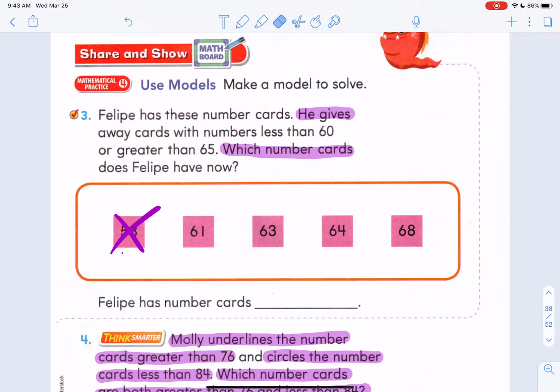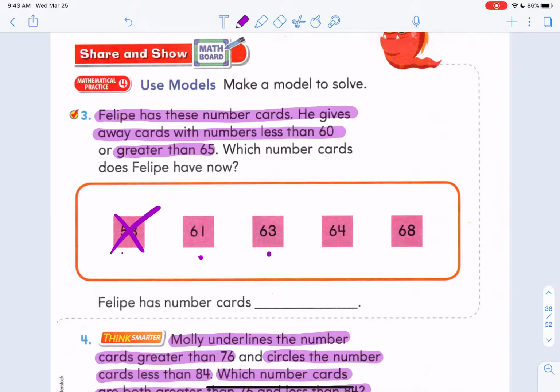I got to read this thing again because it's tricky. Felipe has these number cards. He gives away cards with numbers less than 60. Okay. So I'm going to cross out 58 because it's less than 60. And the rest of these, yep, they're more than 60. Okay. He also gives away the cards that are greater than 65. Is 61 greater than 65?